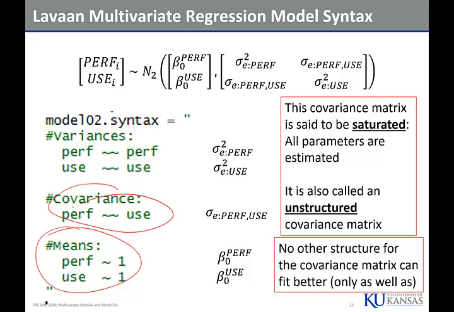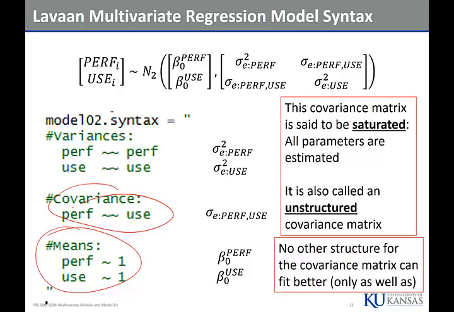So here, each of these parameters in this multivariate normal I'm trying to label with this slide itself. And in this analysis, you'll see that we are estimating all parameters in this covariance matrix. So it follows that it is a saturated covariance matrix.